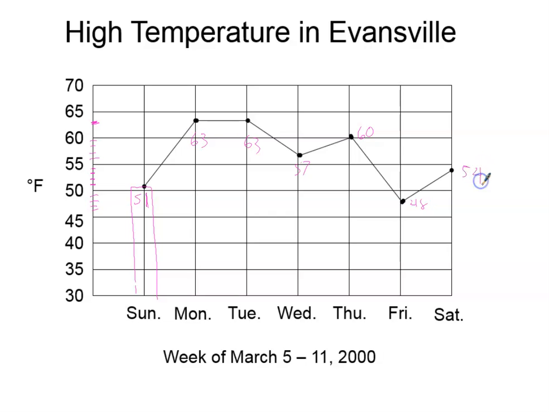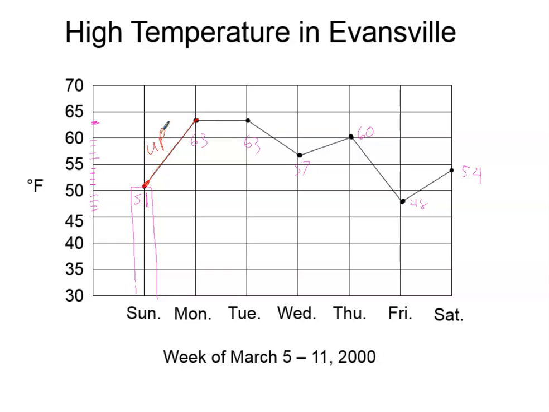Now, they could just ask you about temperatures, like what was the high temperature on whatever day. But the other thing that line graphs are good about are telling you how trends are going. So if I said, what happened from Sunday to Monday, you start at Sunday and you work to Monday, it's definitely going up.